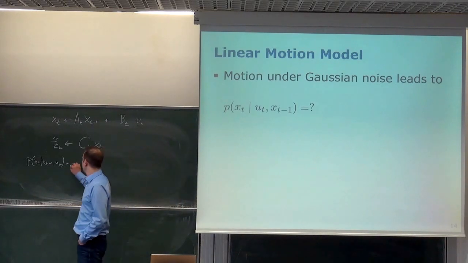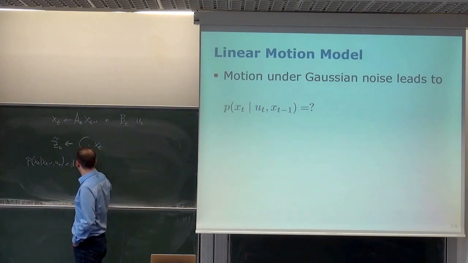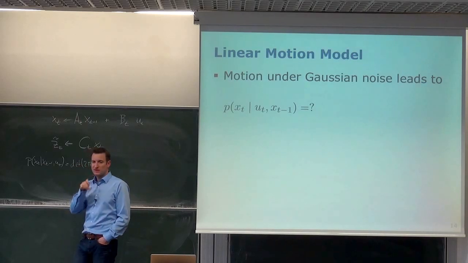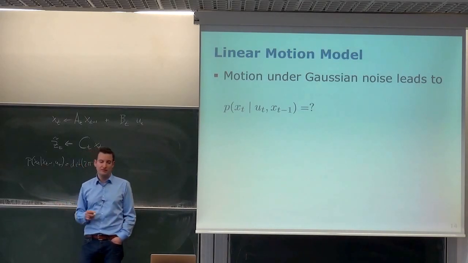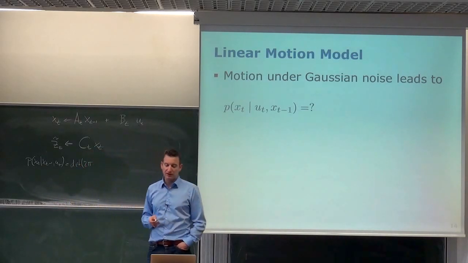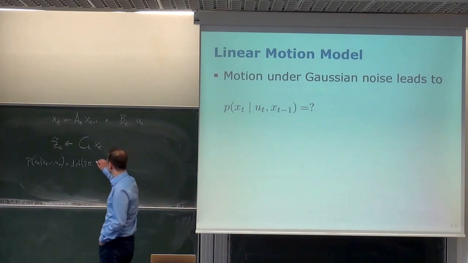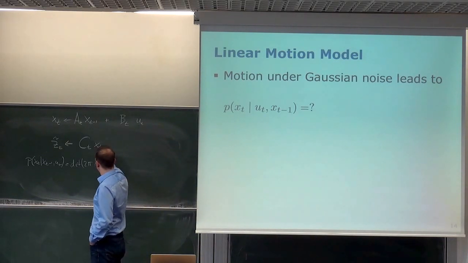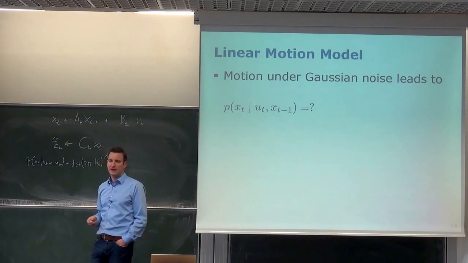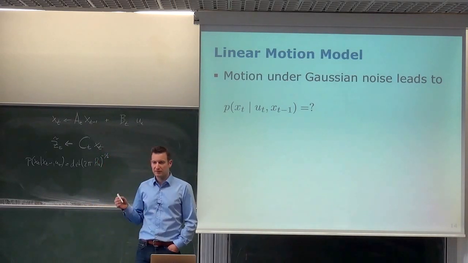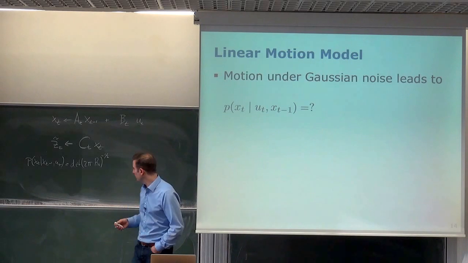So we have the constant term over here, and we said the uncertainty of this distribution is my matrix RT. So this is the constant term of my Gaussian distribution.